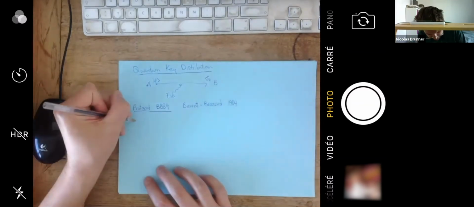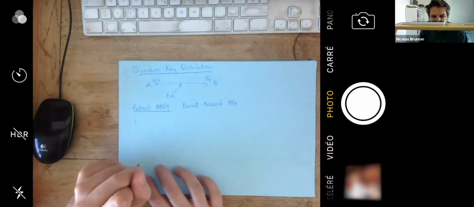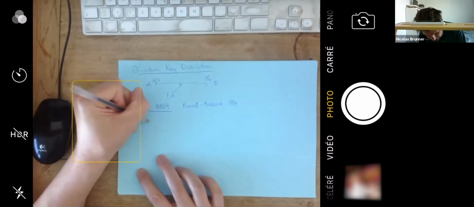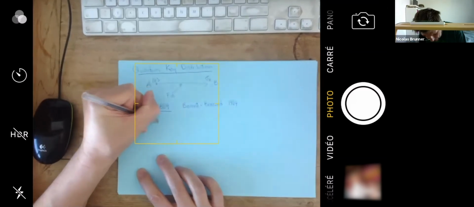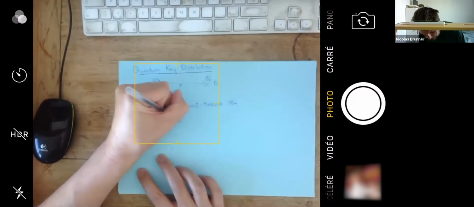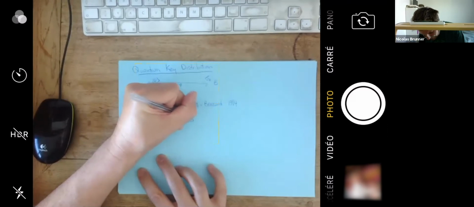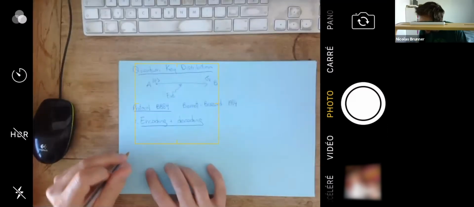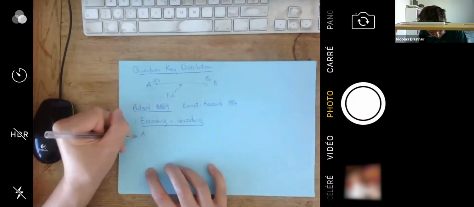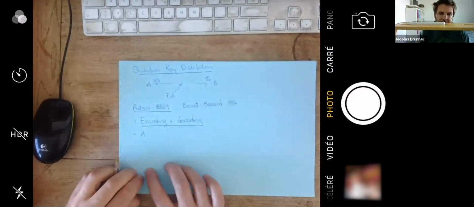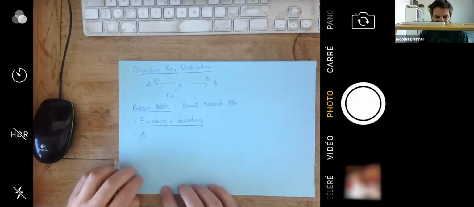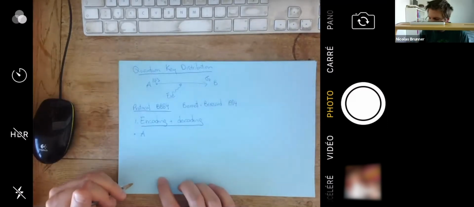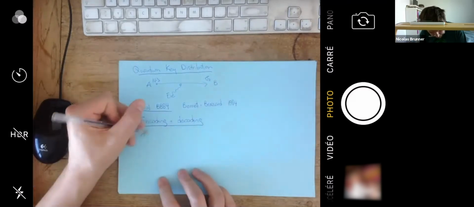Here is the protocol that Bennett and Brassard imagined, and it works in several steps. The first step is the encoding plus the decoding. I will give it to you in a rather dry and mathematical way, but later on we will play a bit with the protocol. So here is how it goes.